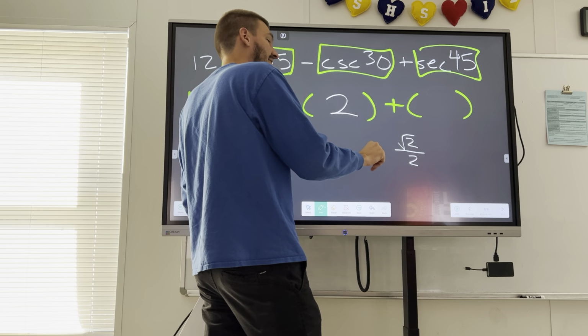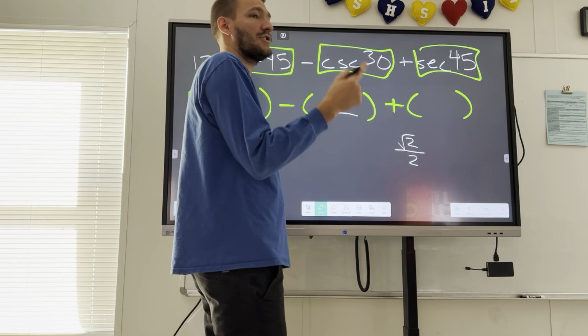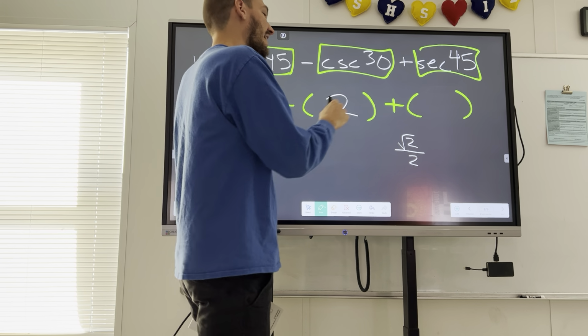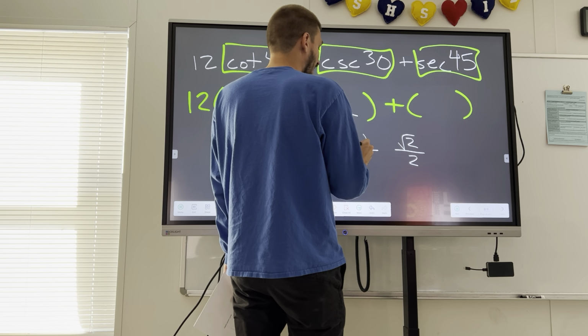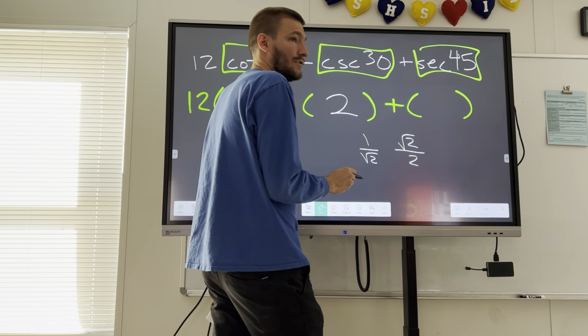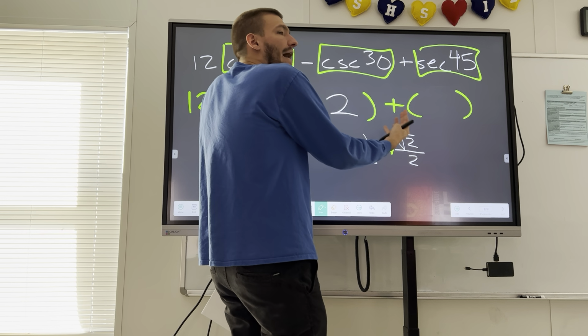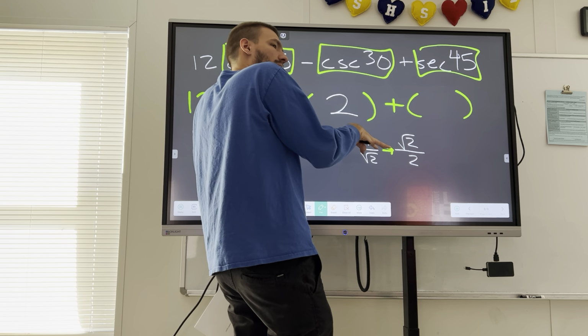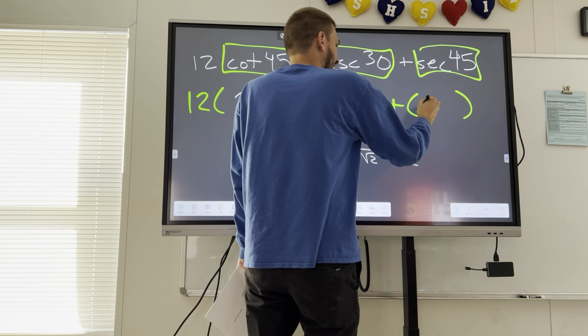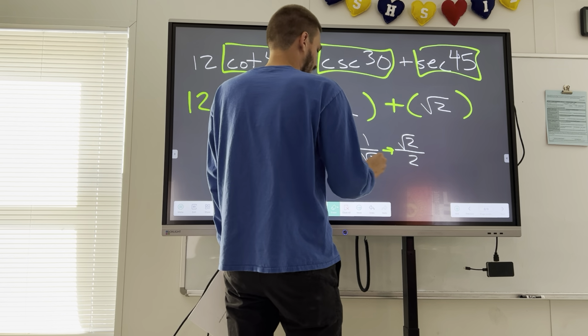We made this using rationalization. We rationalized it. This answer actually started out as 1 over square root 2, and then we turned it into this. So if we go backwards, and then we flip it, that's why it ends up as a nice square root 2.